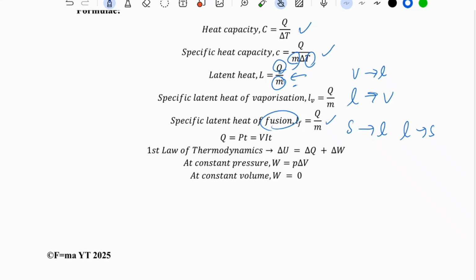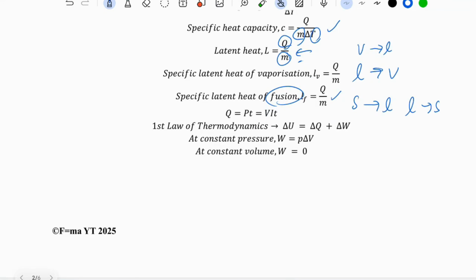Okay, alright. Then we have heat energy equals power times time, which is also equal to VI times time. Now, what is this formula about? This formula is for when they give you an experiment and they ask you to do some calculation based on the experiment. For example, they ask you to find the specific heat capacity of a copper block, and they show you a heater in the experiment, and they want to find the heat energy.